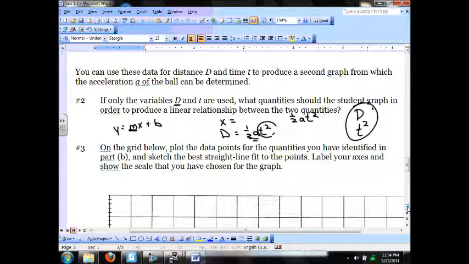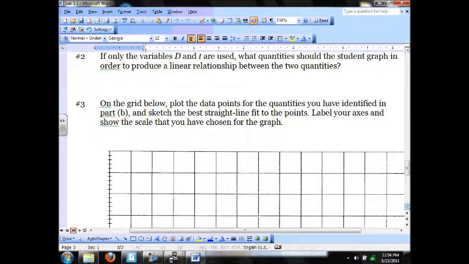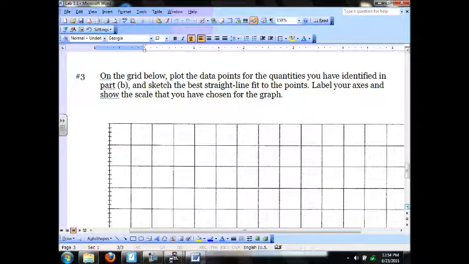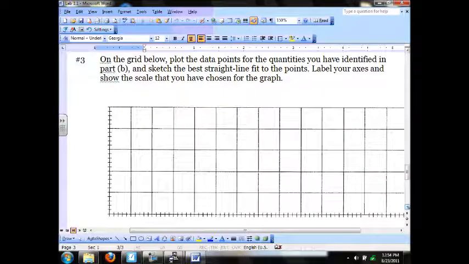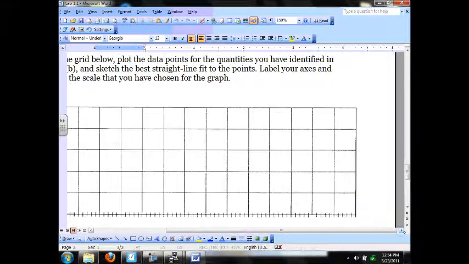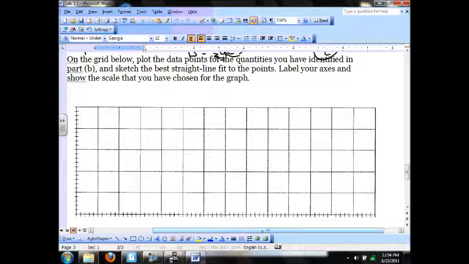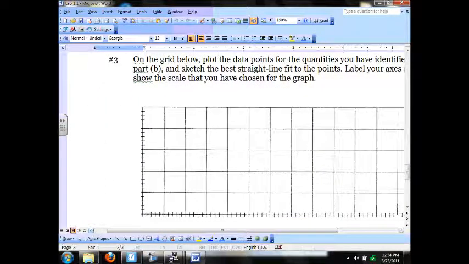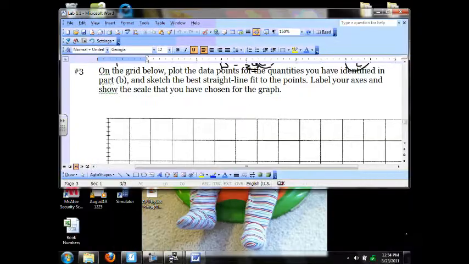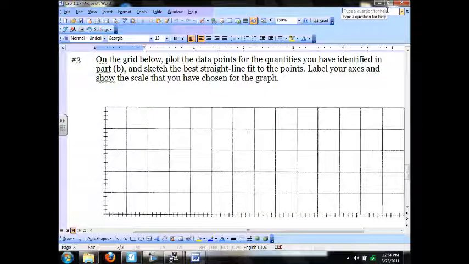All right. So next, on this graph, it asks us to plot the data points for the quantities we identified in that previous part, and sketch a straight line for the data.